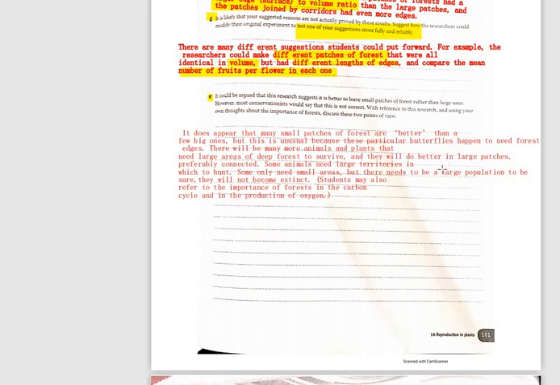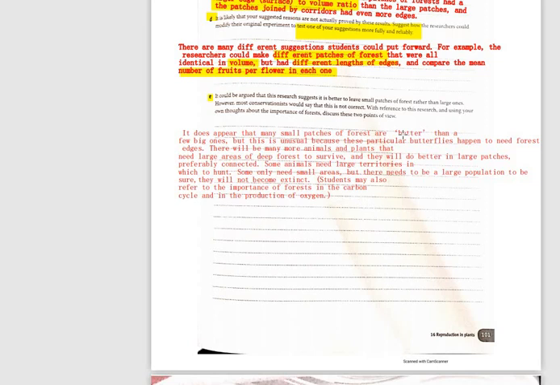So for this question, this is how the answer is supposed to be written. From the whole thing you can conclude that butterflies need the edges of the forest, but other animals need the deeper forests. If you make smaller patches of deeper forest and large patches of edges, that will affect the ecosystem.